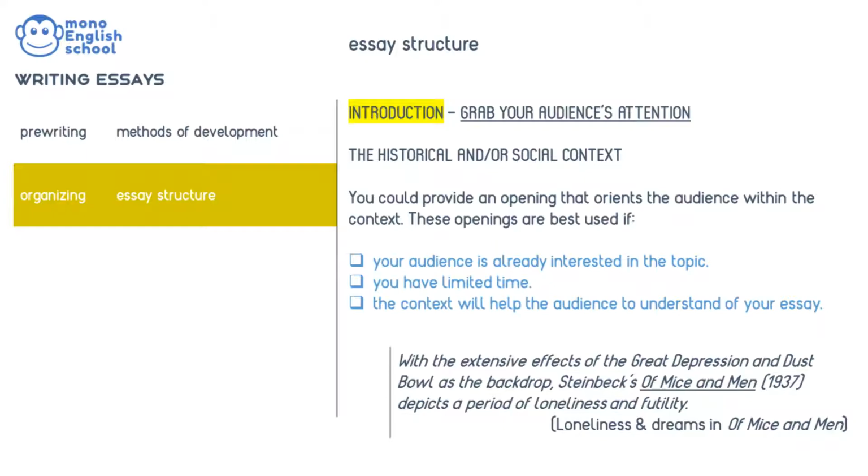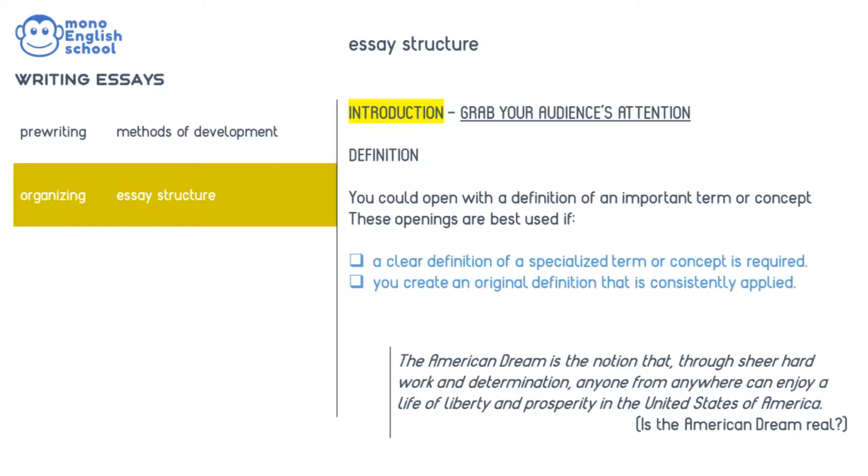A third option is to begin with a definition. A word of warning, however. Like a best man speech at a wedding, it is best to avoid a definition straight out of the Merriam-Webster's or Oxford English dictionaries, as this is rather cliché.